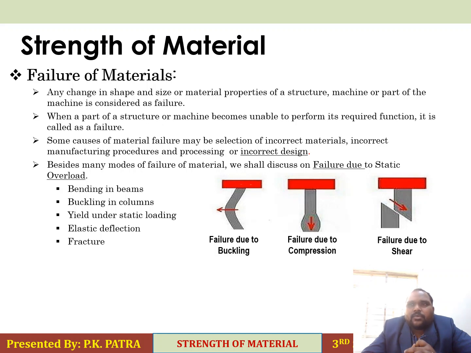Okay. So when you are using a material to make a product, then we need to check the material thoroughly. Why? Suppose I want to design a product. After designing, I will go for the manufacturing of that product. So before manufacturing the product, first thing we must find out the material for the product.